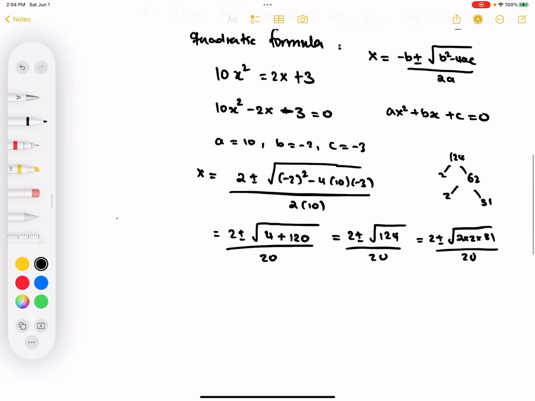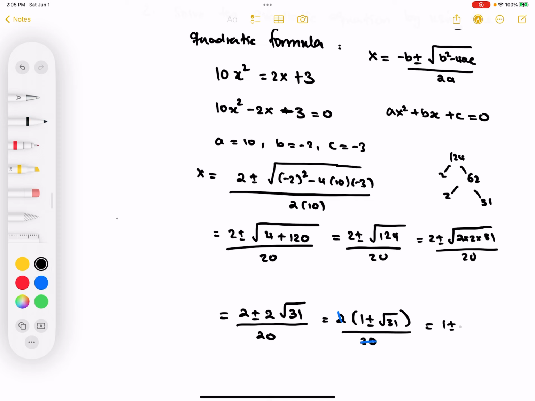So this is equivalent to 2 plus or minus 2 root 31 over 20. Again, factoring out 2, we get 1 plus or minus root 31 over 20. Now you can see that this cancels, and the next step becomes 1 plus or minus root 31 over 10.